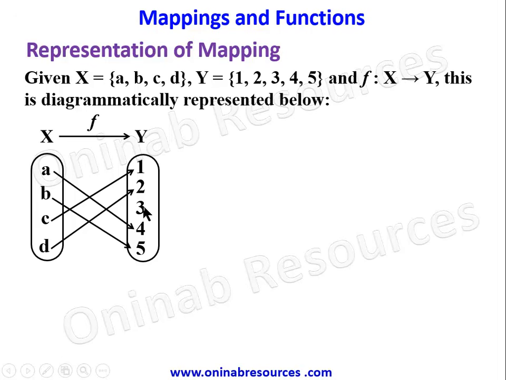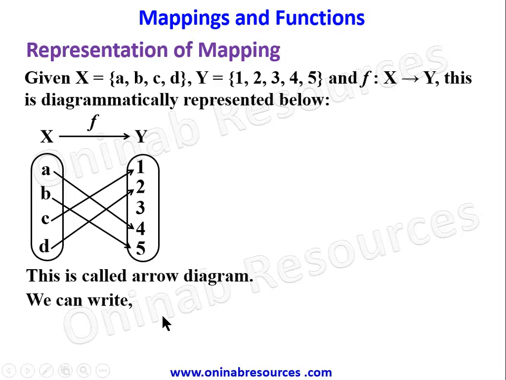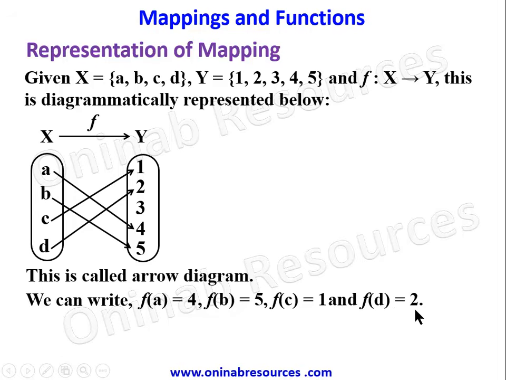You can see it is only 3 that is not an image of an element in set X. So this is a diagrammatic representation of a mapping, and this method is called arrow diagram. We can write f of a is equal to 4, f of b is equal to 5, f of c is equal to 1, and f of d is equal to 2.